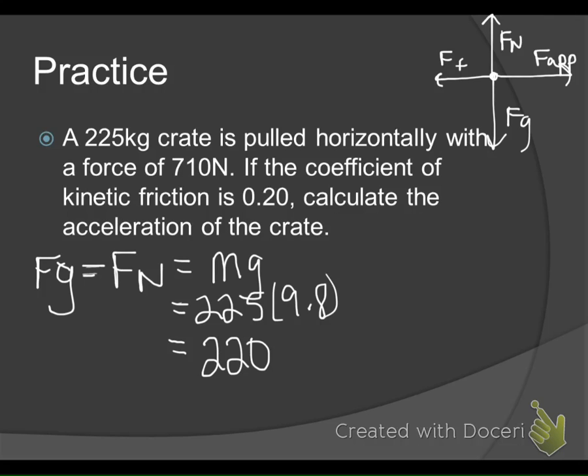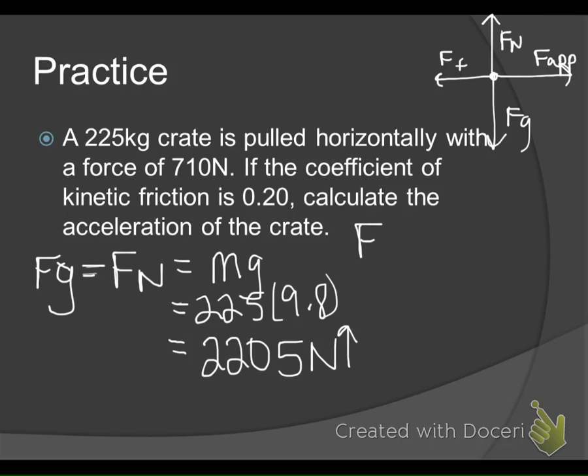2,205. All right, and that's newtons. And if it's the normal force, we know it's going up. Okay, what's our next step then? We found gravitational force, we found normal force. We want to find friction now.